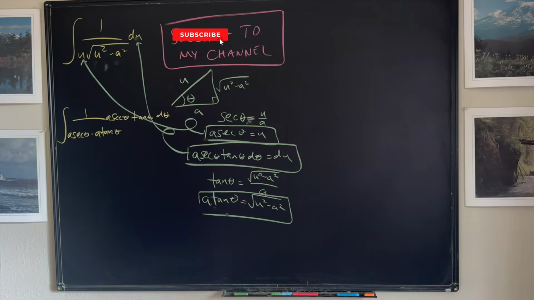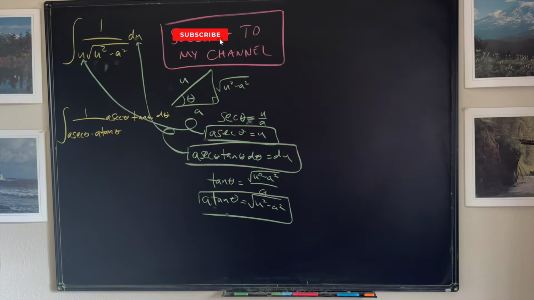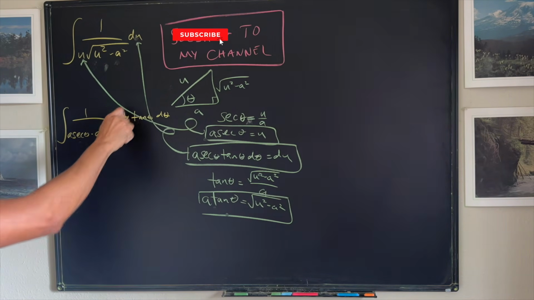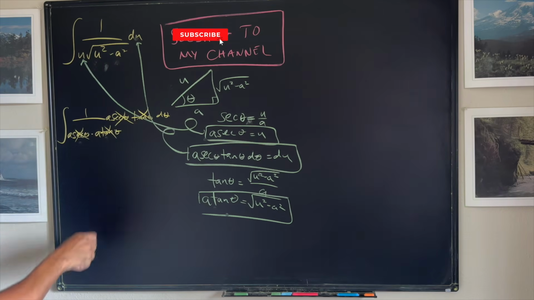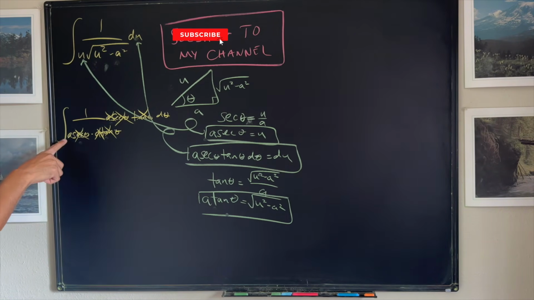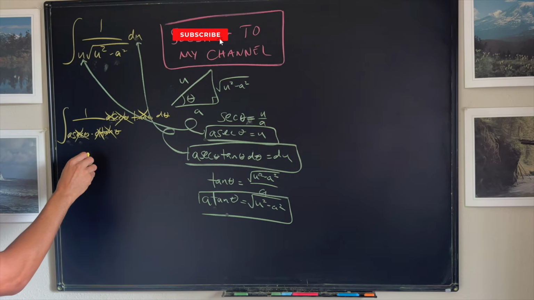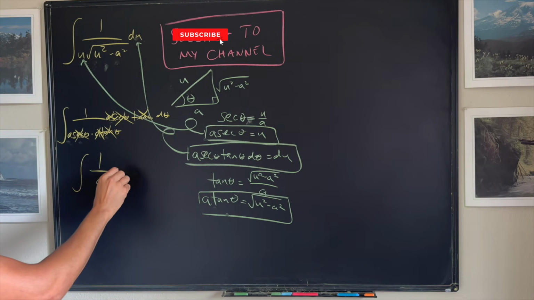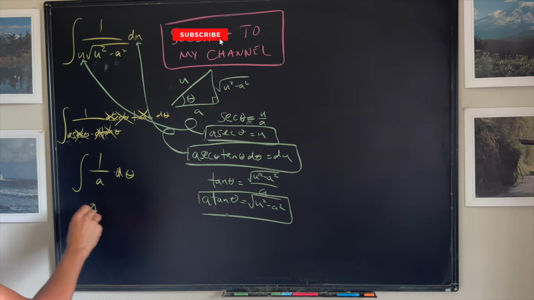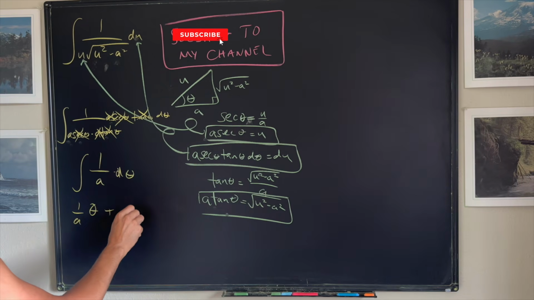Okay, looking at this, I'm hoping that it wasn't too small. I maybe should have written it a little bigger, but that's okay. You're going to see the secant and the tangent go away. Boom, boom. There's an a on the top. It's going to go away with one of the a's on the bottom. We still have a lonely a at the bottom here. So we have the integral of 1 over a d theta. Well, this is very similar to the very first one, actually the second one as well. This is just going to be 1 over a theta plus your C.